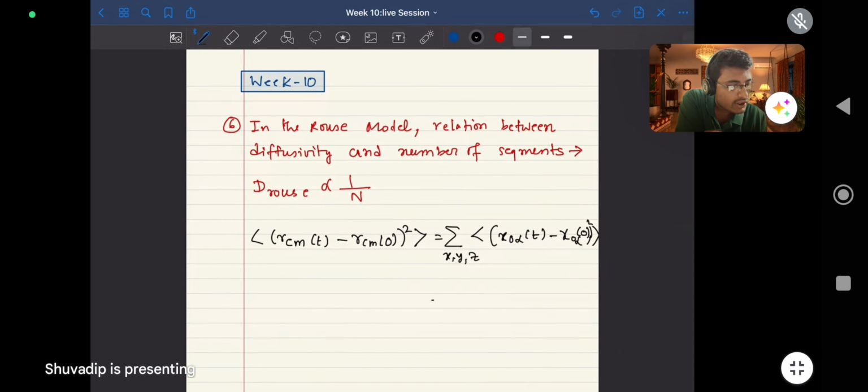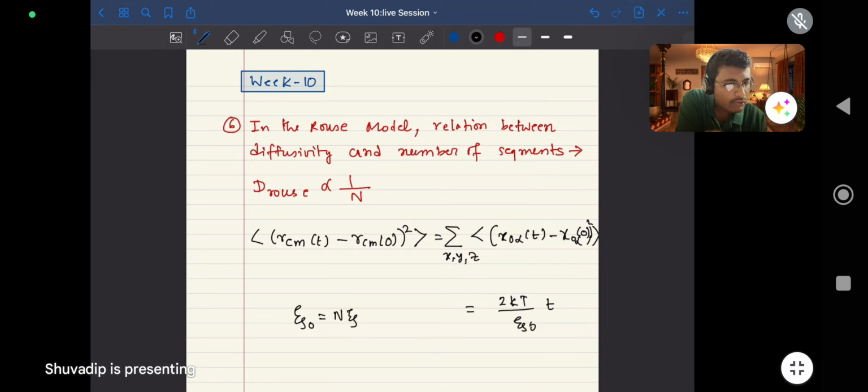So basically this will be delta alpha alpha times 2kT by xi_0 into time, and delta alpha alpha is 1 here. And xi_0 is practically xi by n.